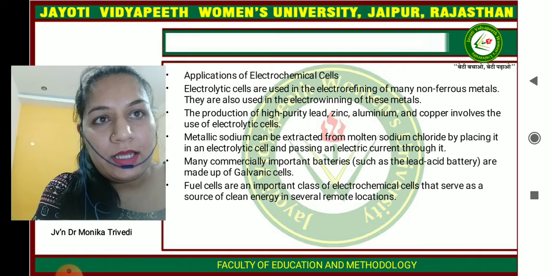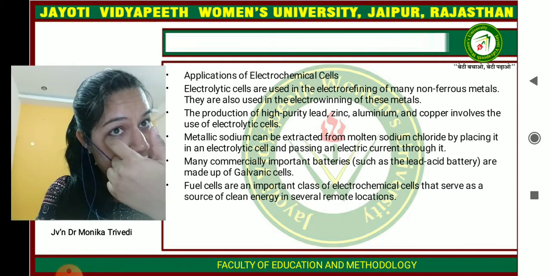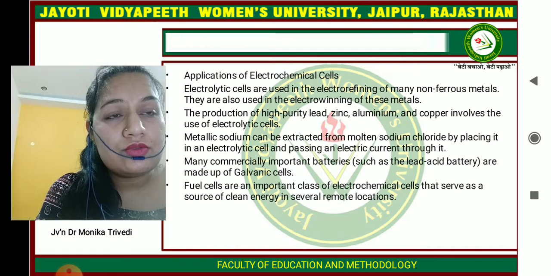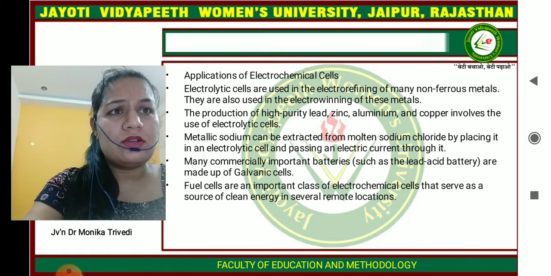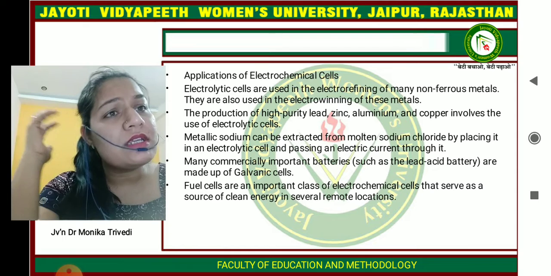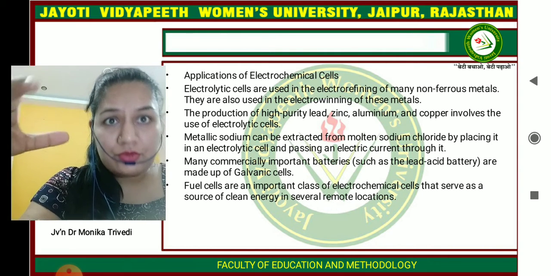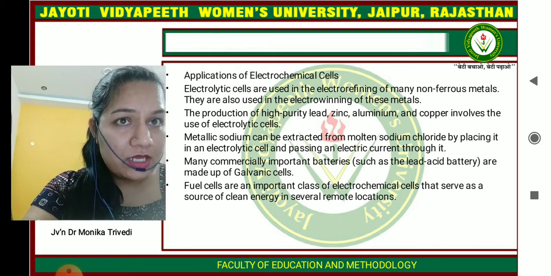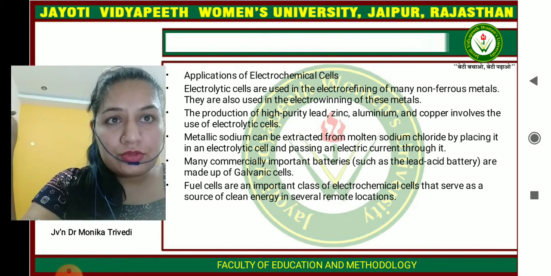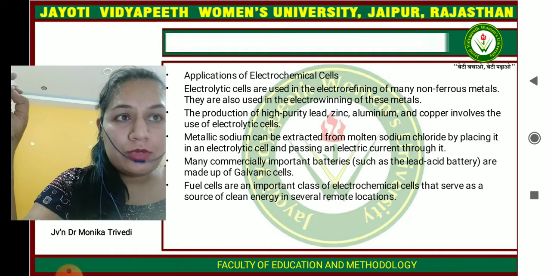What are the applications of electrochemical cells? Electrolytic cells are used in many kinds of devices. Electrolytic cells are used to produce high purity lead, zinc, aluminum and copper.